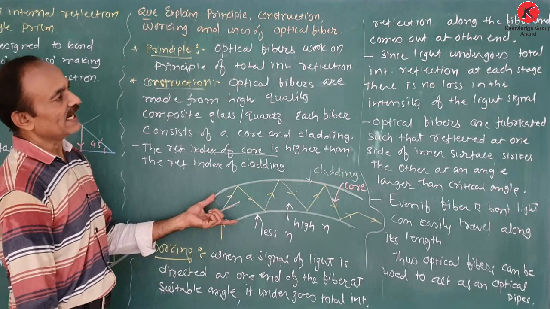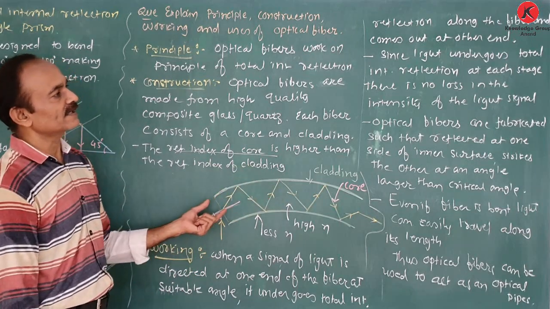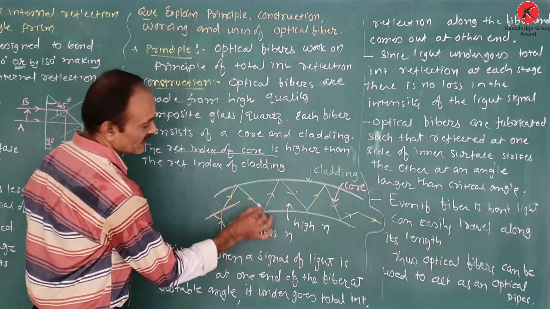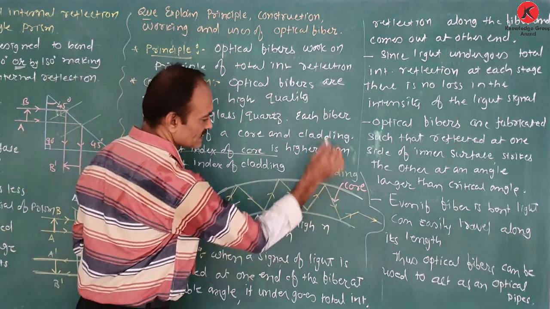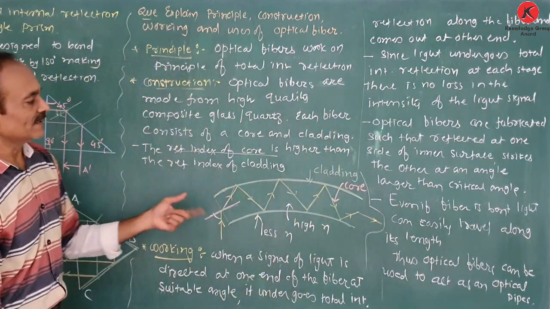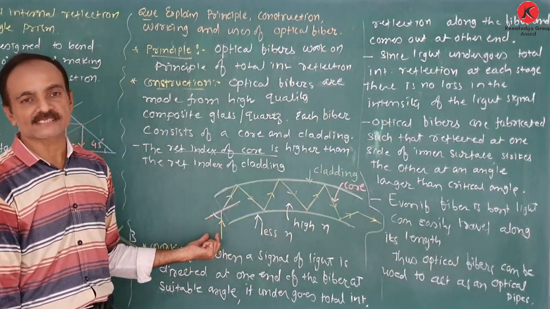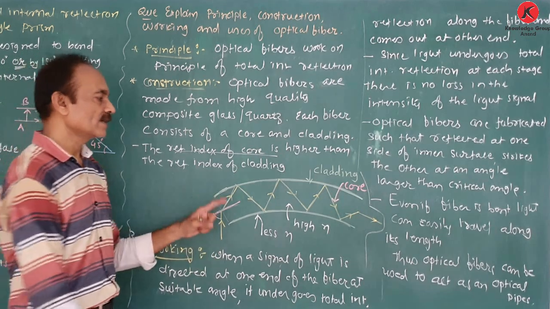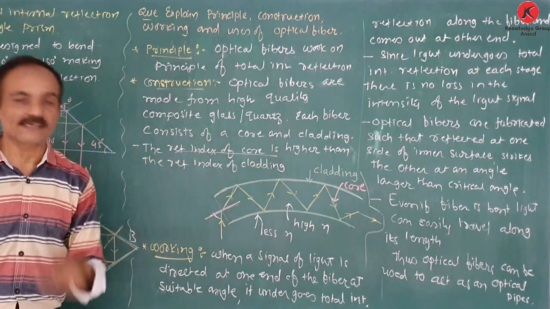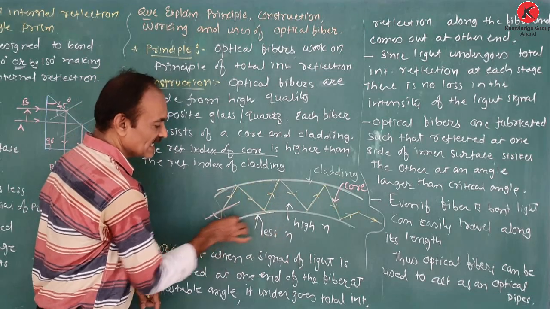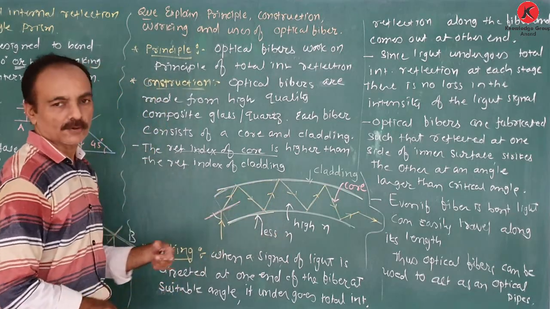Now, this light undergoes total internal reflection at each stage. Here, again this, again this, again this. So there is no loss of energy or intensity of the incident light. Why does this undergo total internal reflection? Because here the cladding has a lesser refractive index compared to the core.